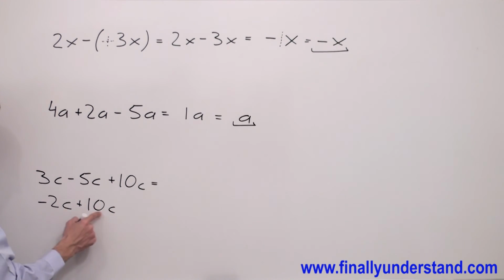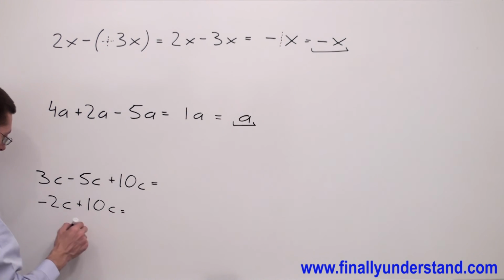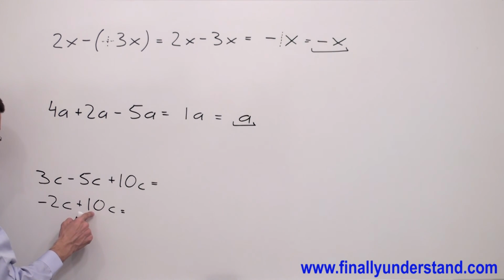These two are like terms too, so I can perform the addition. Addition, which we can also consider as a subtraction. Remember, anytime we add a negative number to a positive, we're supposed to subtract the smaller number from the bigger number, and keep the sign of the larger number.